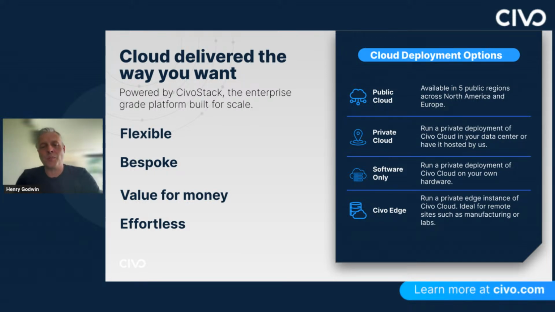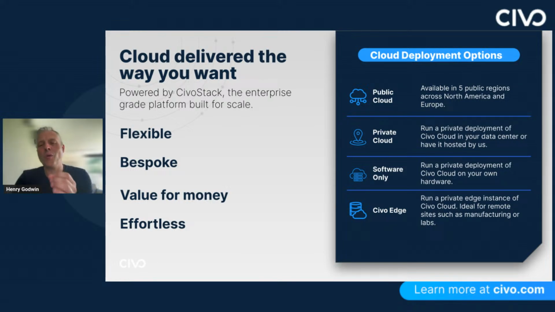And from a flexibility point of view, deploy where it adds the most value to your business. Bespoke it and configure it tailored towards your needs. And from a value for money point of view, get a much better return on investment when compared to other options as described earlier. And then effortless because it's fully managed and maintained and updated and supported 24/7, 365 days a year.